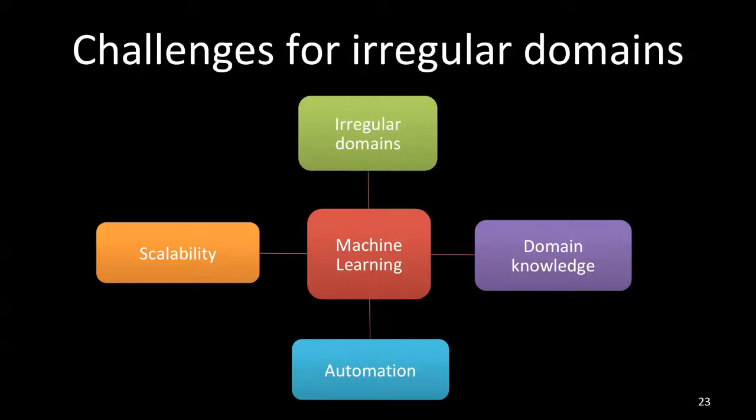We are working on several interesting projects, and I just covered a couple of them. There is a lot of work both from the scalability perspective, but also from incorporating the domain knowledge and doing automation with hyperparameter search and so on and so forth.